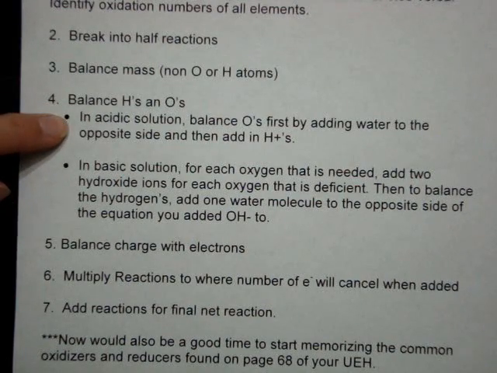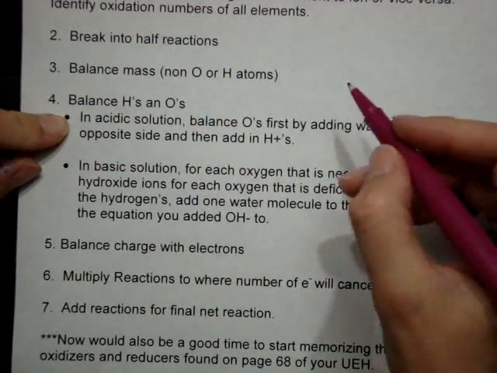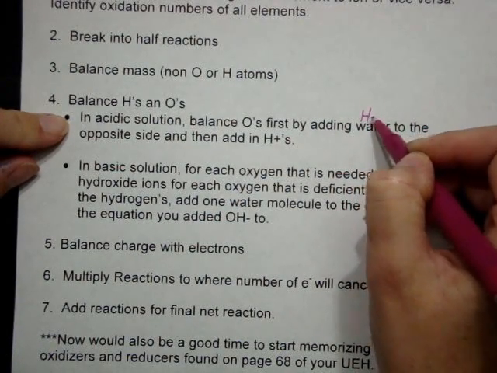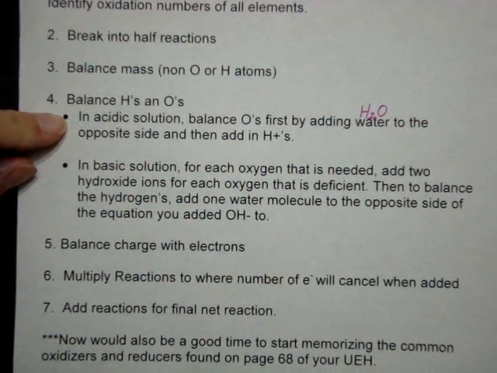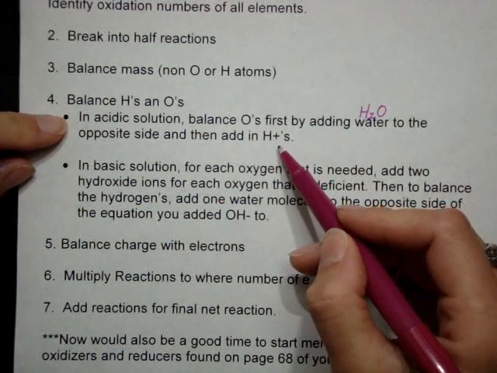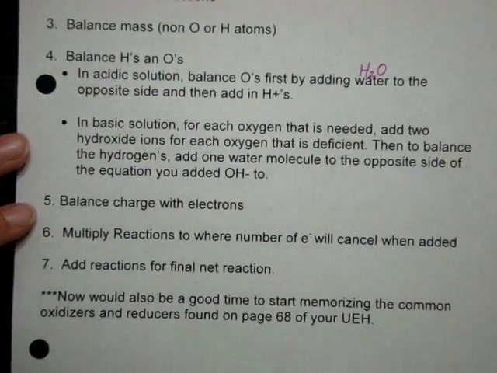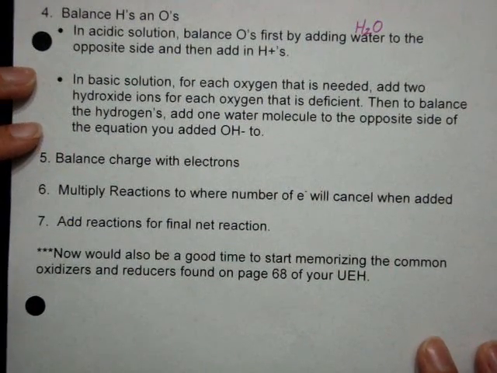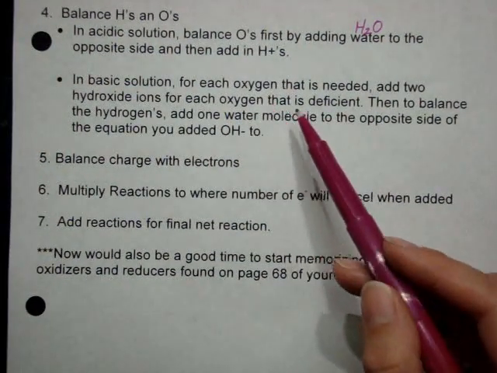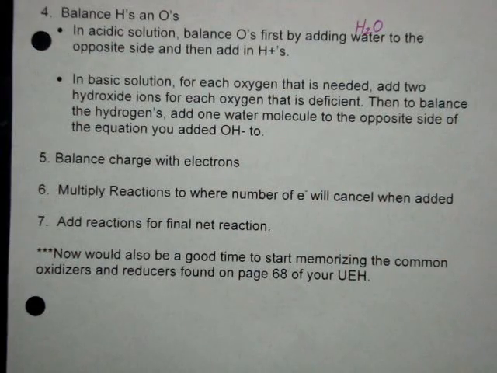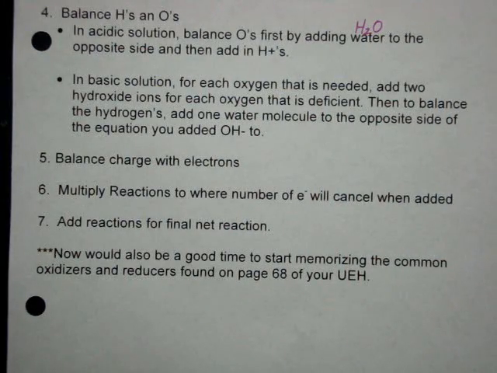If it's an acidic solution, you first balance the oxygens by adding water, and then you add H pluses, or hydrogen ions, to the opposing side. In a basic solution, however, for each oxygen that is needed, you add 2 hydroxide ions.